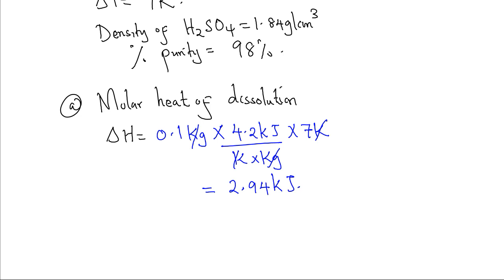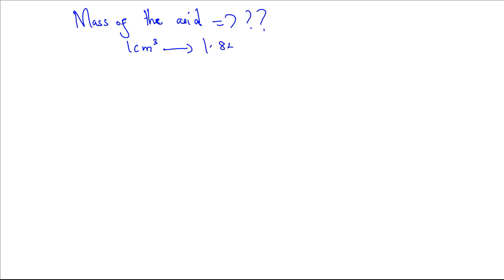Let's calculate moles of the acid. We first have to calculate the mass of the acid, which will be calculated as follows: 1 cubic centimeter is 1.84 grams.